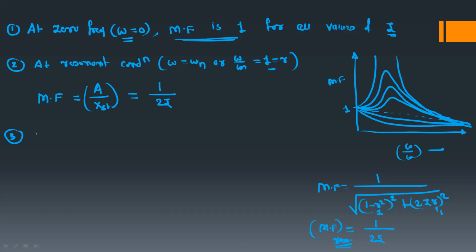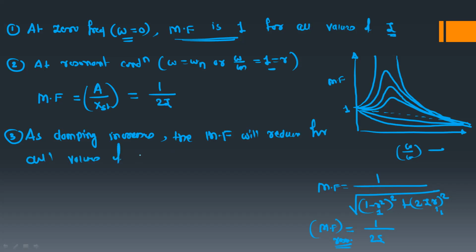Then the third characteristic: as the damping increases, the magnification factor reduces for all values of frequency ratio omega upon omega n.